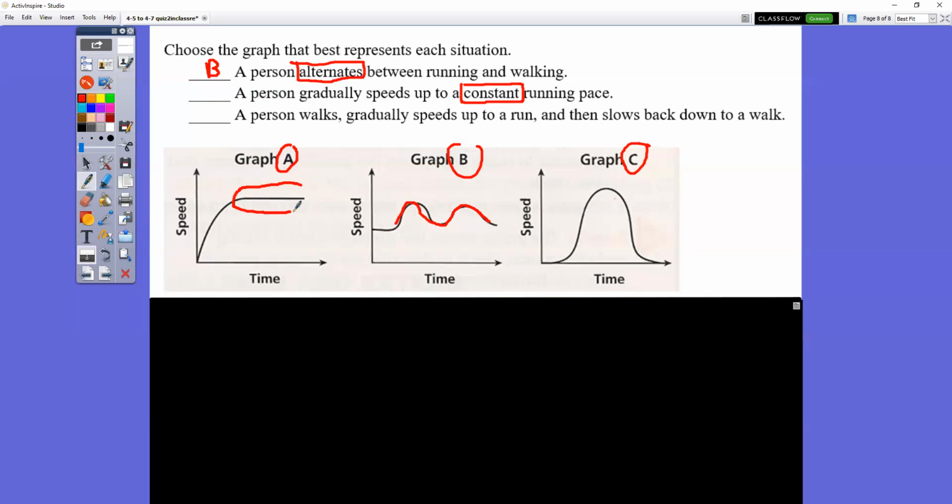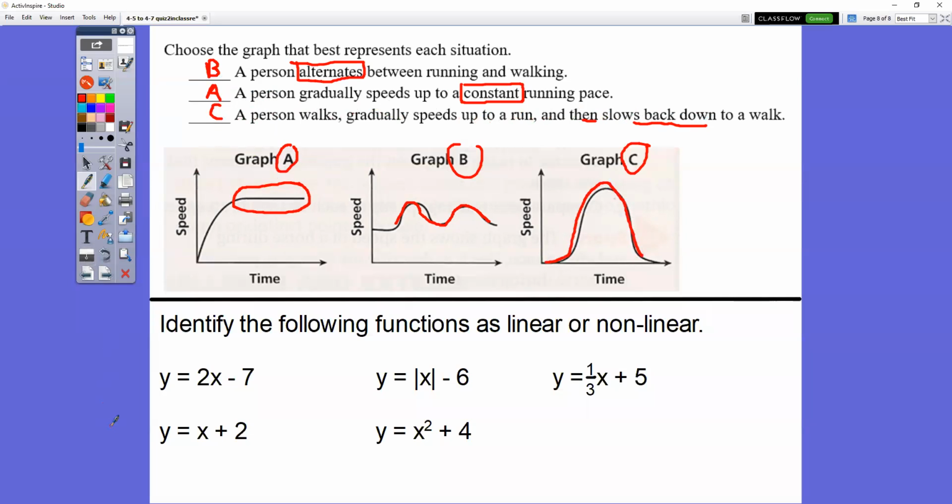So that constant pace is right here in graph A, where it levels out. In the third one, a person walks, gradually speeds up to a run, and then slows back down. So walk, walk, walk, run, run, run, and then slows back down. So up and then down. So that would be choice C. You'll have a matching just like that on your quiz.